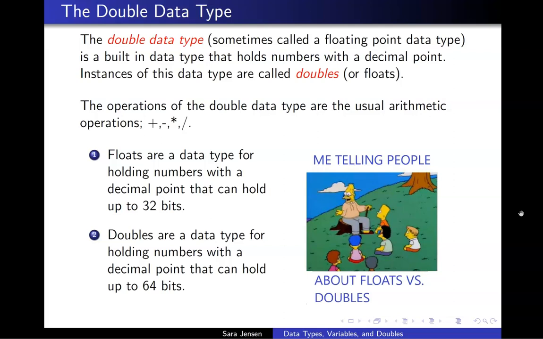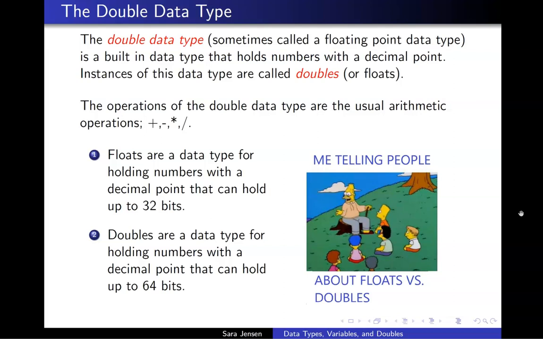Floats were originally meant to hold smaller numbers within them, only allocating 32 bits of memory to hold the float value. Doubles were meant to hold up to 64 bits of memory, double what a floating point value could take on, hence the name.